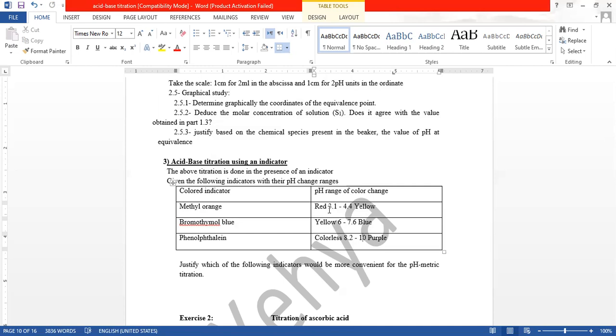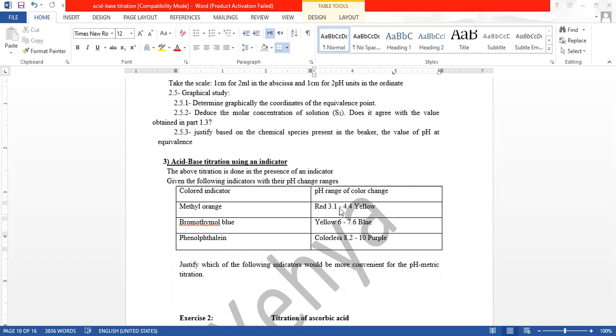In strong acid, strong base titration, what is the pH at equivalence? Always 7. Very good.